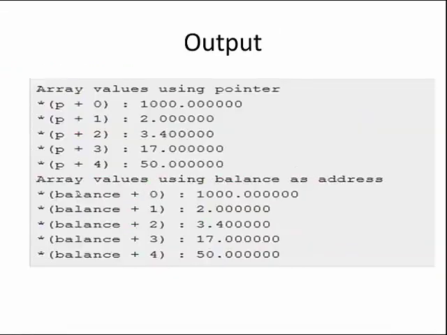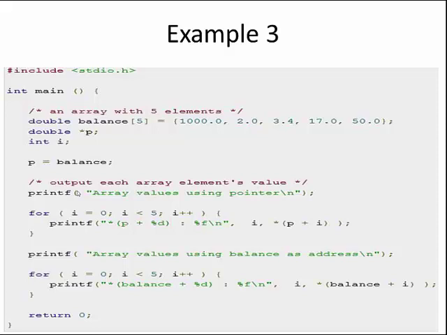Now what are we going to do? We are going to store the address of the array in a pointer variable, and then output each array element. In simple words, it is actually the same thing which we have discussed.